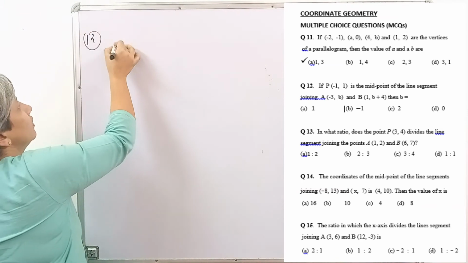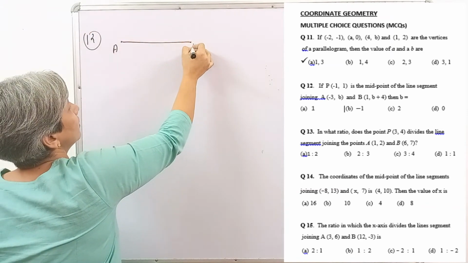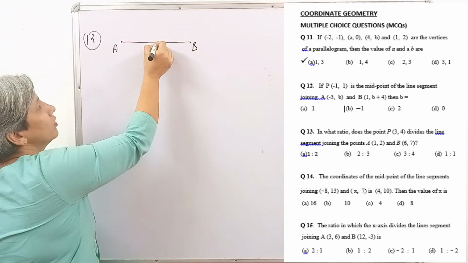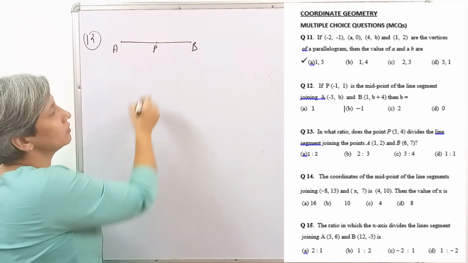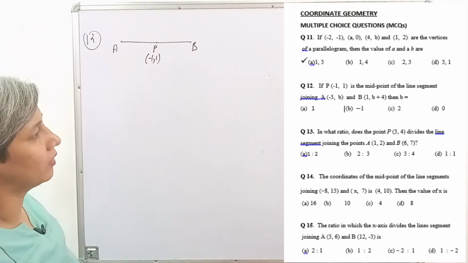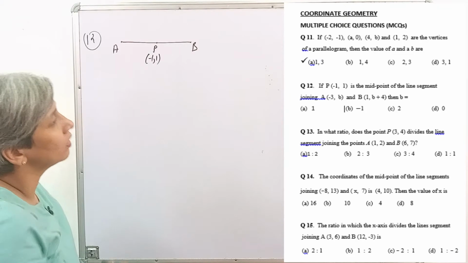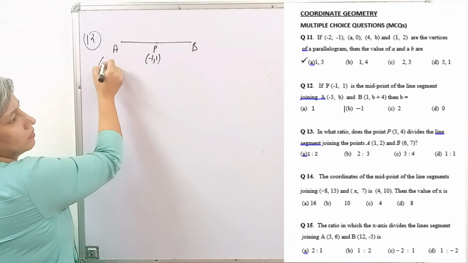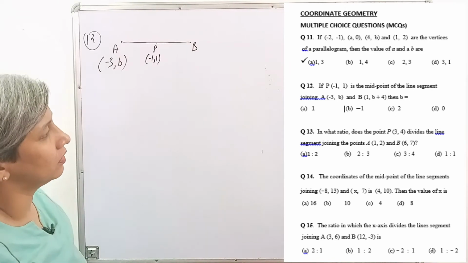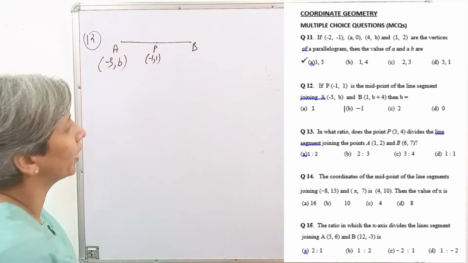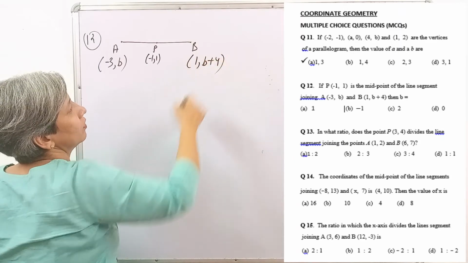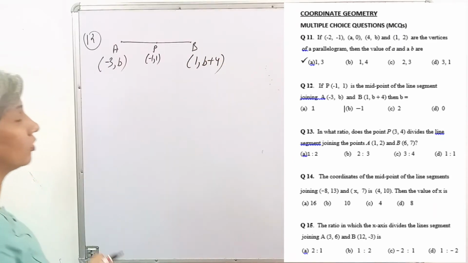It is saying this A, this B, and the line is joining, and P is the midpoint of AB, which is (minus 1, 1), right? And A and B are (minus 3, b), and (1, b plus 4), right? So these are the points given.